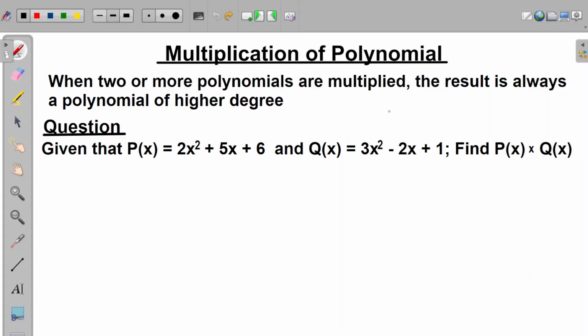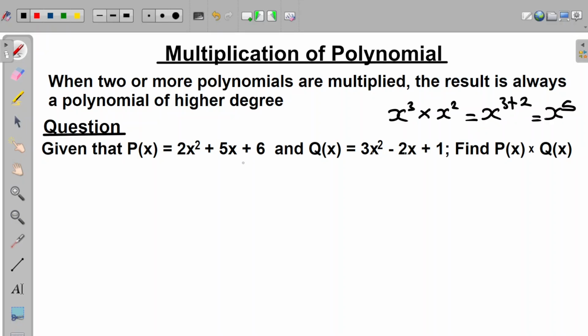So, for example, if I have x cubed multiplied by x squared, from our laws of indices this will be equal to x raised to the power of 3 plus 2, and this is equal to x raised to the power of 5. So you see that when we multiply two or more polynomials, we always have a higher degree polynomial. So let us apply that knowledge in our question.